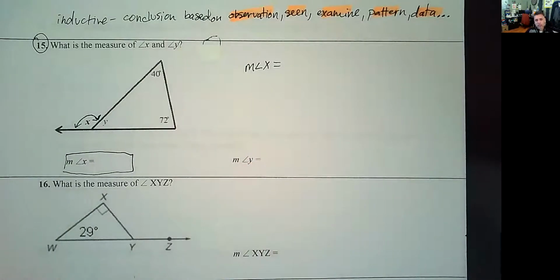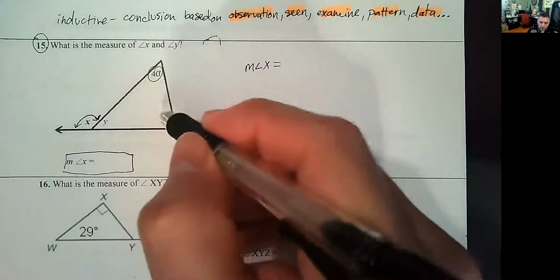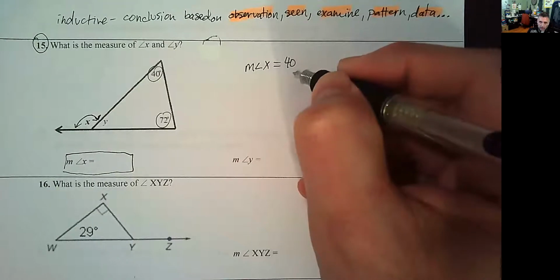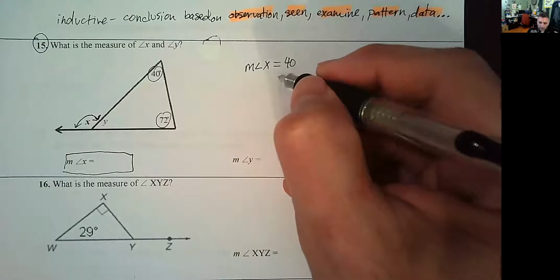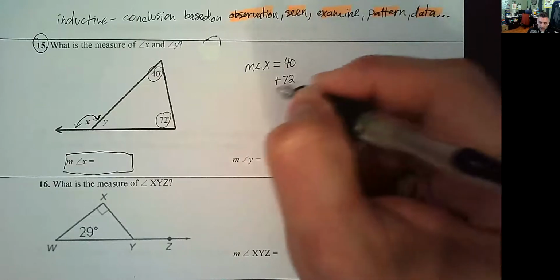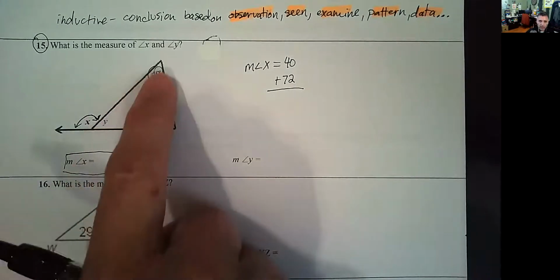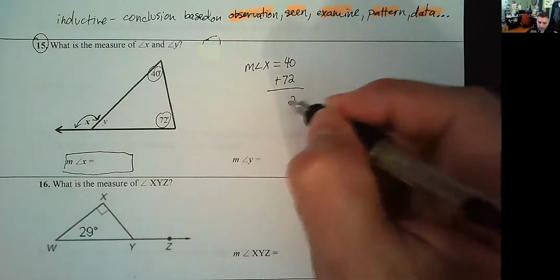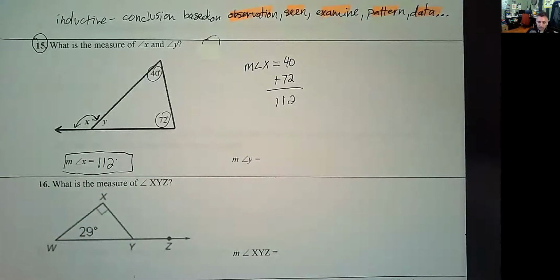The exterior angle theorem for a triangle tells us the outside angle will equal the sum of the two remote interior angles, or the two non-adjacent interior angles. It can't be the one next to it. It's got to be the two that are away from it. So if you add those up, you get 112. So that's the measure of x.